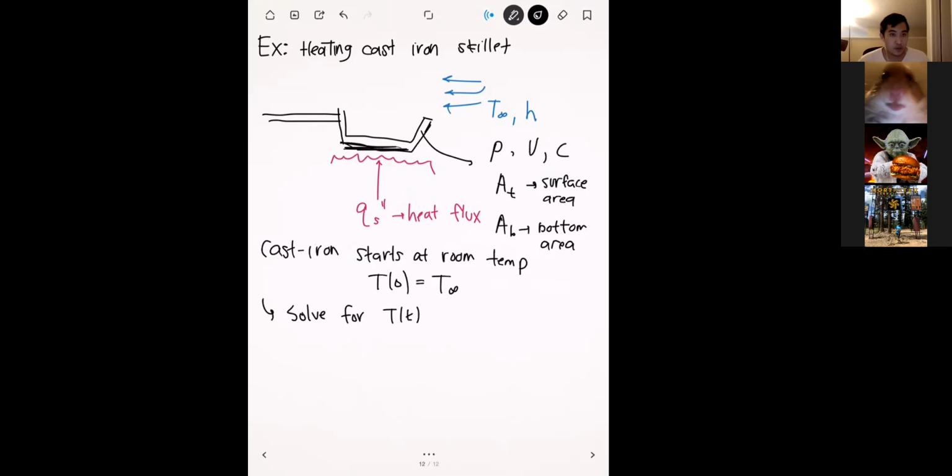Since we have a heat flux going on, we have to use our general lump capacitance. Let me write out the full expression for general lump capacitance, and then we'll cancel out terms as they're not relevant.